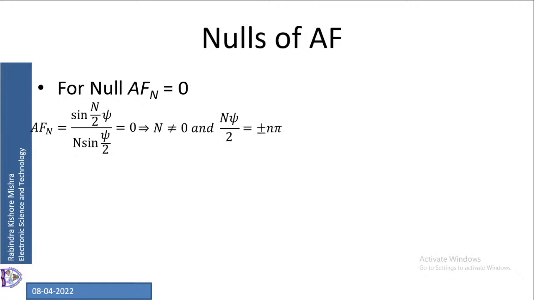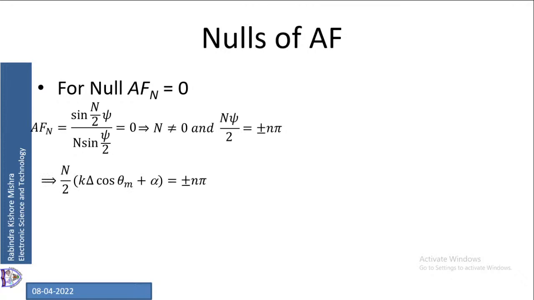If that is equal to 0, and n is not equal to 0, definitely n will not be equal to 0, because when n is equal to 0, there are no elements and there is no point in considering this. So when n is not equal to 0, n psi by 2 will become plus minus small n pi, and that will make the AFN equal to 0.